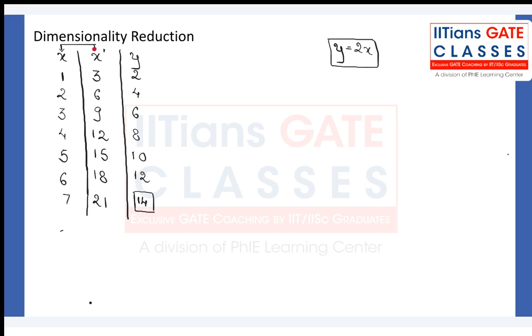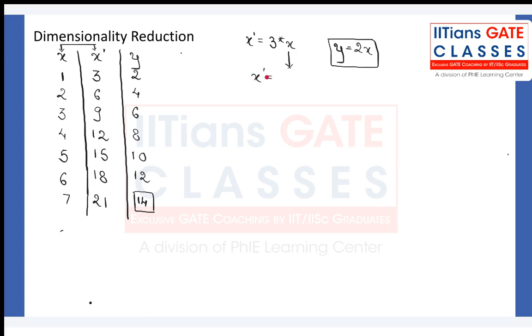Correct. So x prime is 3 times x. Agree? With 1 unit of x increase, x prime increases by 3 units.